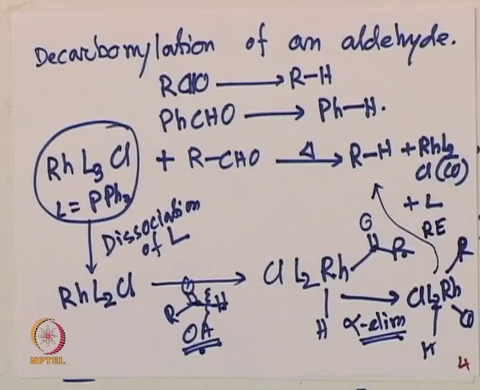So, what we have seen here is very simply the Wilkinson catalyst, the tris(triphenylphosphine) rhodium complex with chloride, can undergo first a ligand dissociation. In this case, the triphenylphosphine ligand will be dissociated to give you the rhodium triphenylphosphine complex with chloride, which then can undergo oxidative addition to the aldehyde to give you this metal hydride and metal acyl species.